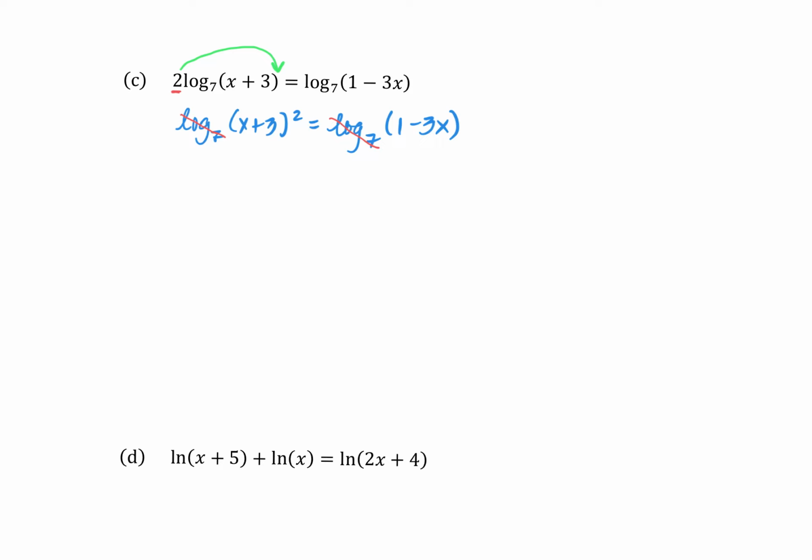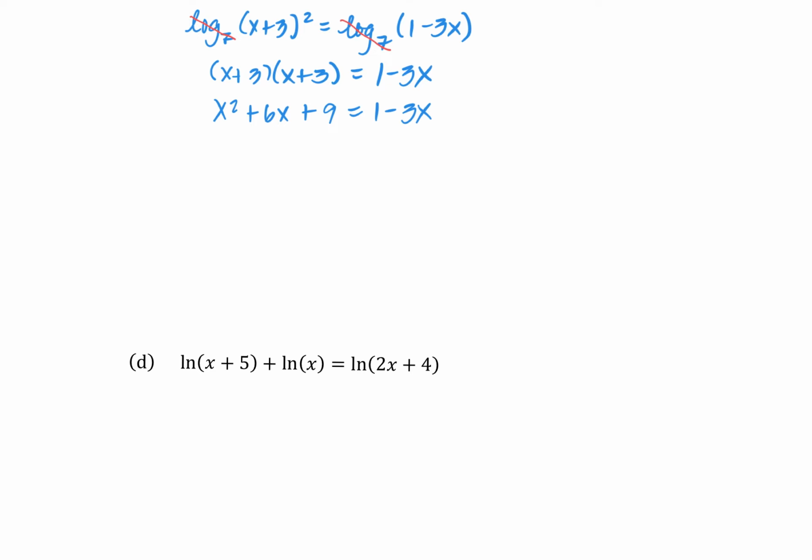If x plus 3 squared is equal to 1 minus 3x. But remember that this is not x squared plus 3 squared. This is x plus 3 times x plus 3. And that will be equal to 1 minus 3x. I get x squared plus 3x plus 6x, and then plus 9 equal to 1 minus 3x.